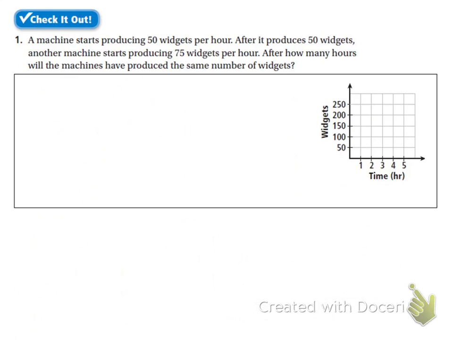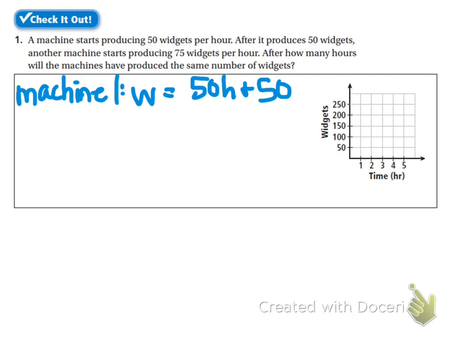Check it out. A machine starts producing 50 widgets per hour. After it produces 50 widgets, another machine starts producing 75 widgets per hour. After how many hours will the machines have produced the same number of widgets? Well, machine 1 would have been W widgets equals 50 times H plus 50.